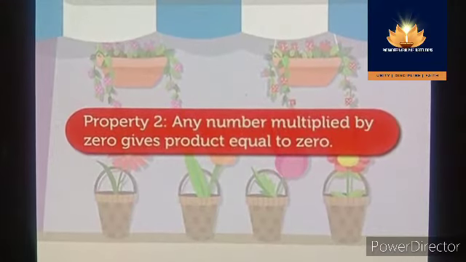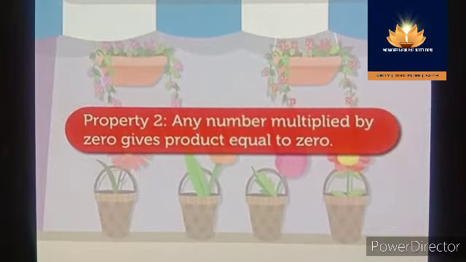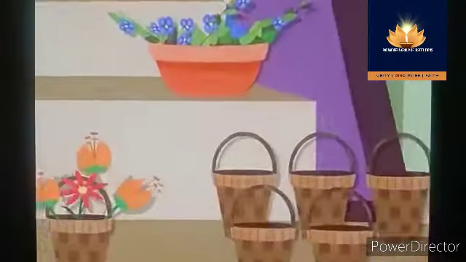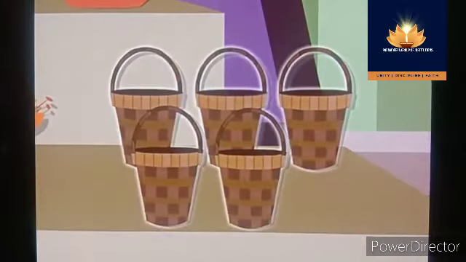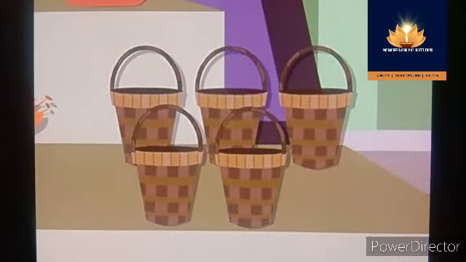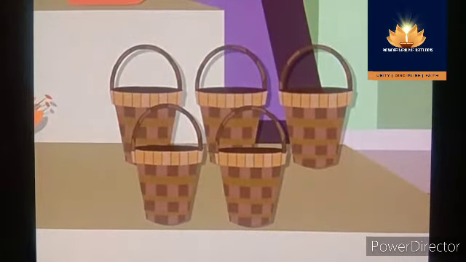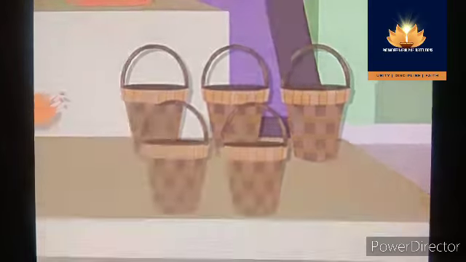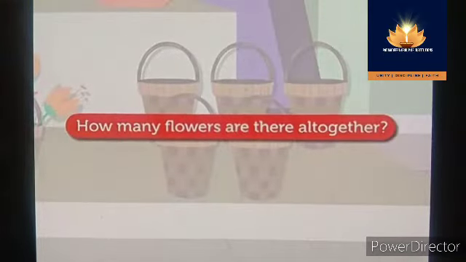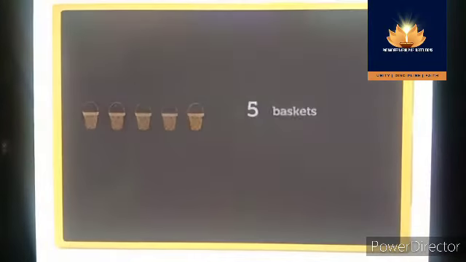Property 2: any number multiplied by 0 gives product equal to 0. So let us see this. Look, there are 5 flower baskets. There are 0 flowers in each basket. So how many flowers are there altogether?